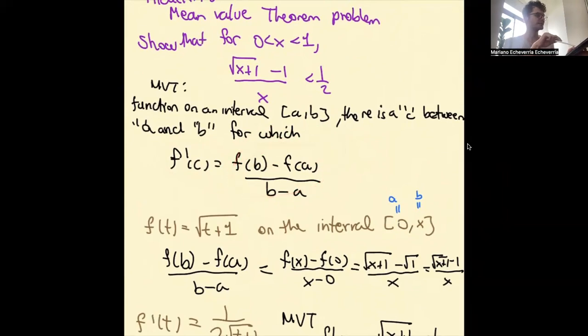Here there's a ratio, but if you look at this expression, the function only appears in the numerator, because it's always a change in the function divided by the length of the interval. So the thing here was to realize that this x could be thought of as the length of the interval 0 to x.